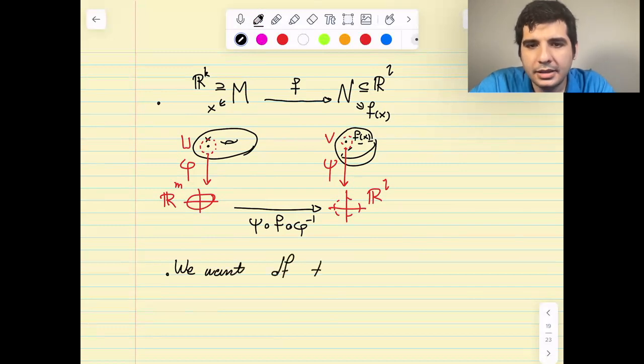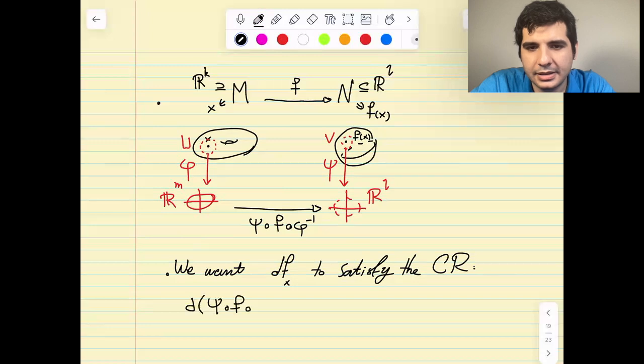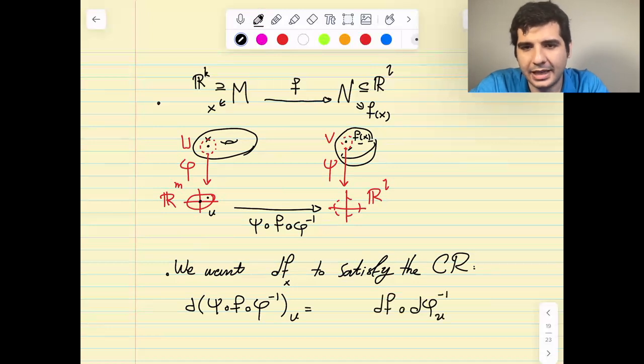We want to define dF such that this diagram would satisfy the chain rule, in the sense that d of psi of F of phi inverse at any point, say u, where using phi inverse it goes to x, we want this to be equal to what the chain rule says, right?